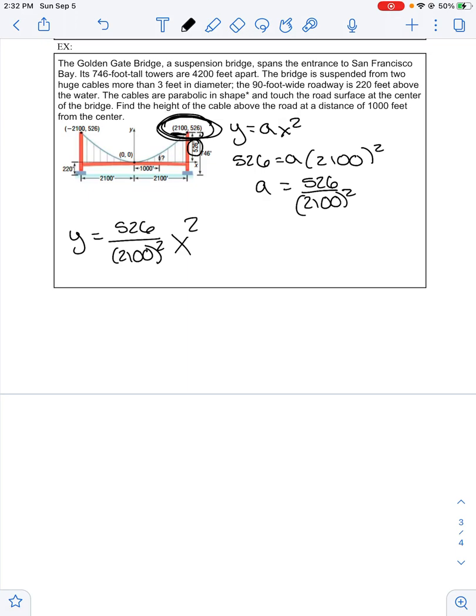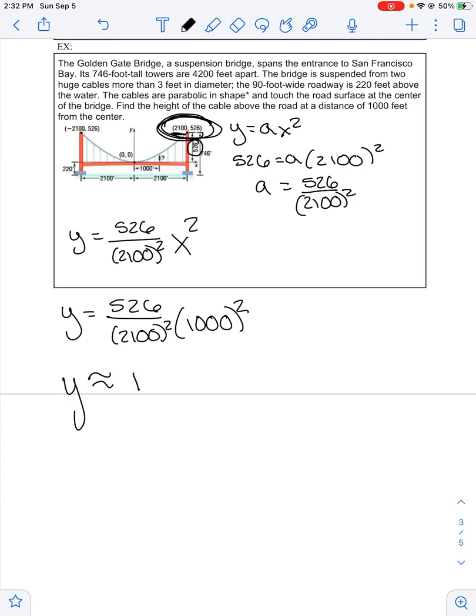So x represents our feet, so I'm going to plug in 1,000 for x. So y equals 526 over 2,100 squared times 1,000 squared. Plug this in your calculator and you should get y is about 119.3 feet. So at 1,000 feet from the center, we are about 119.3 feet high.